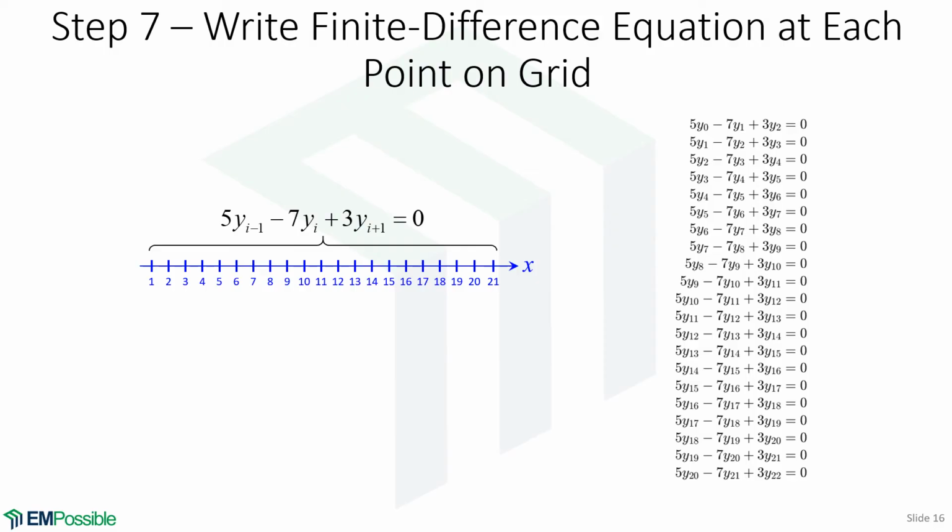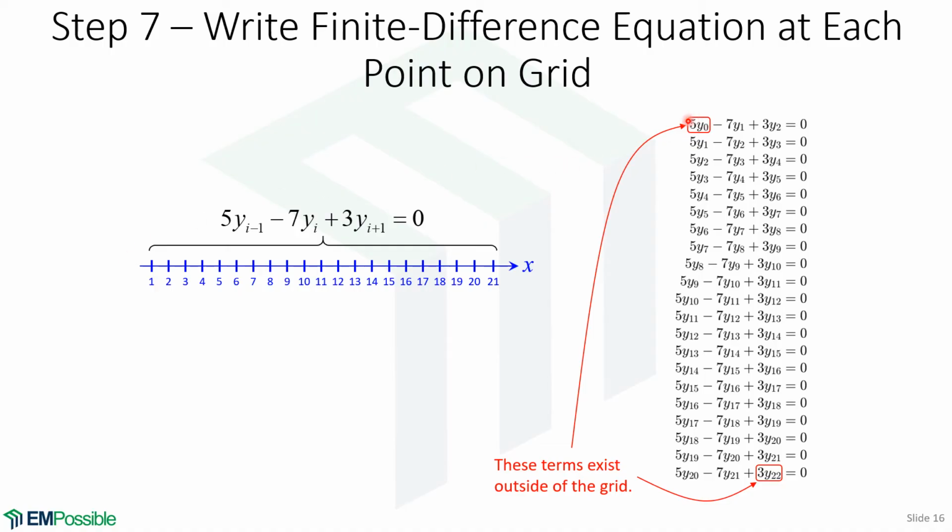But looking at these long enough, we're going to recognize there's two problems here. Our equation wants to access the point before i and also the point after. So if we're trying to write this equation, let's say at the first point, it wants the 0 point, which does not exist. And that's right here.